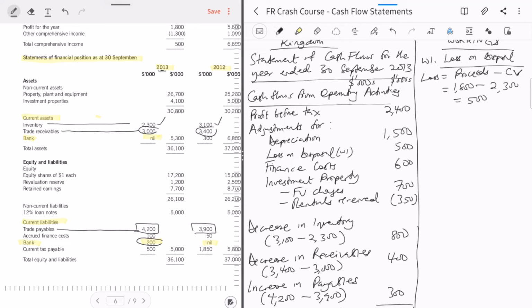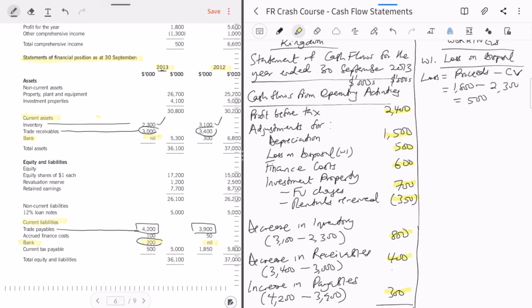Okay, it's going to be 2,400 plus 1,005 plus 500 plus 600 plus 700 minus 350 plus 800 plus 400 and plus 300.